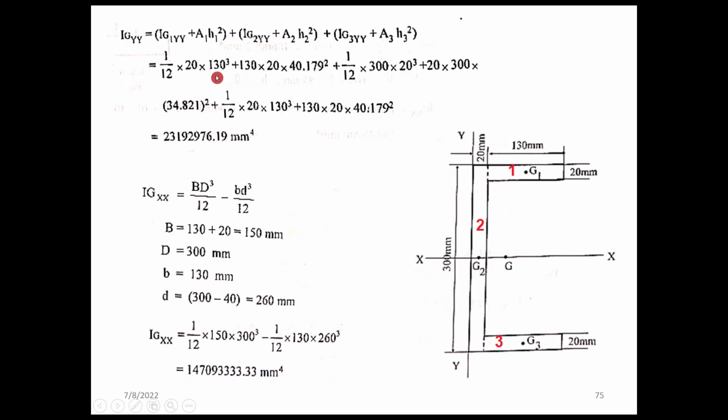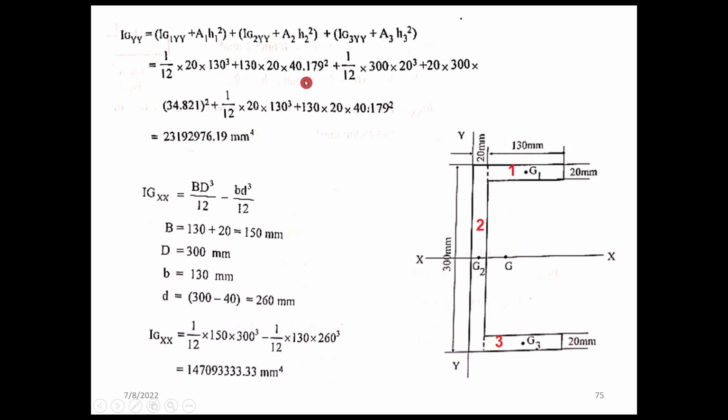So this is the explanation for this one. Plus 130 into 20, which is the area A1, into 40 squared. How come 40? 40 is the difference. So it is actually 40.179.